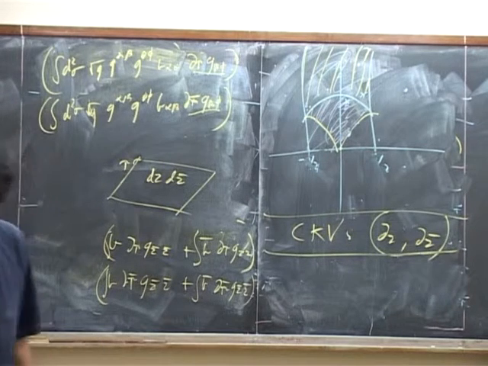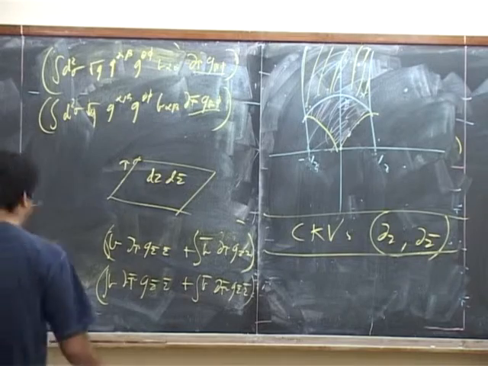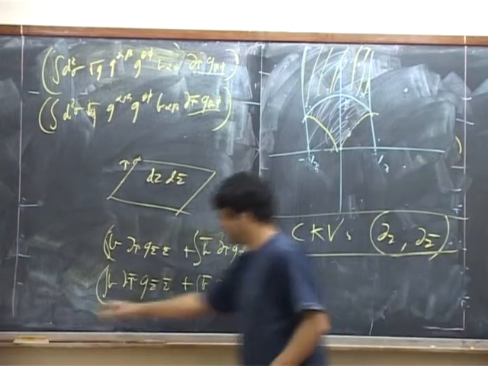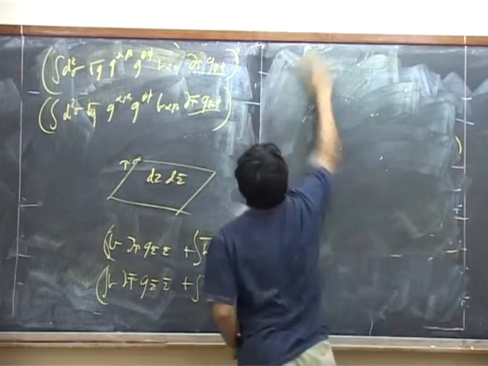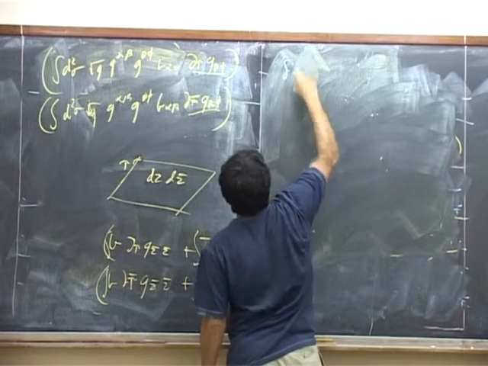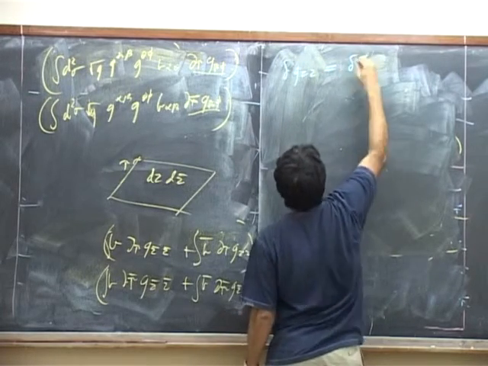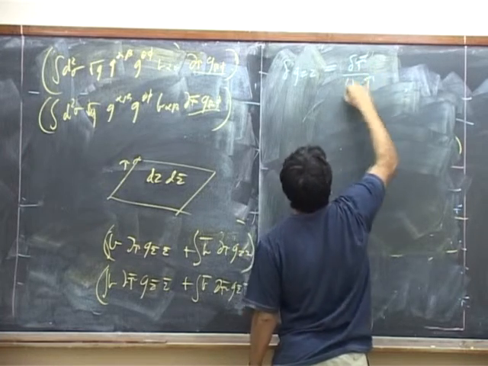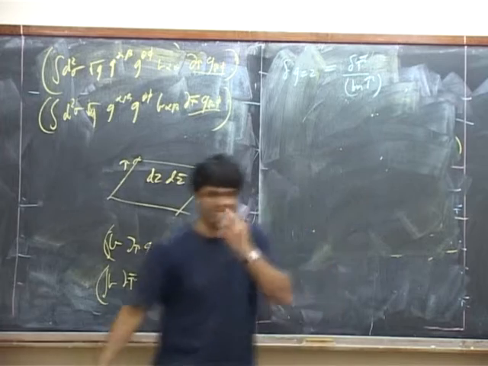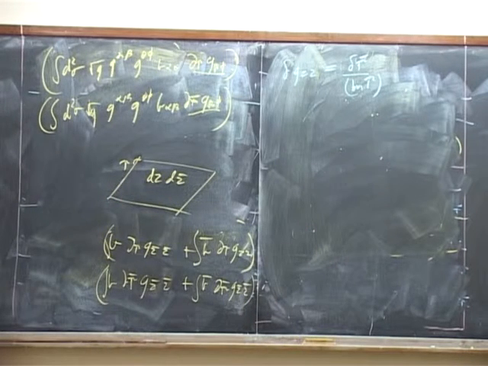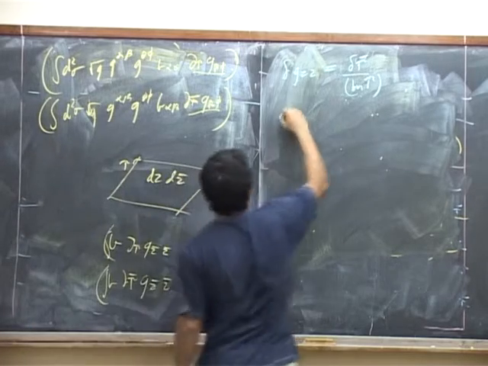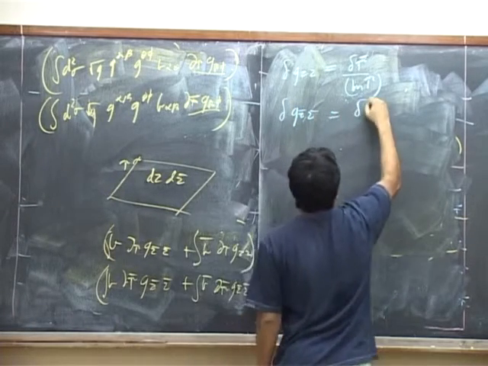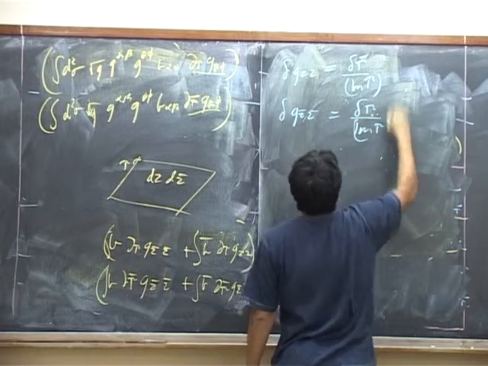Now, at the beginning of the class, we worked out that delta of g zz was equal to delta tau bar over Im tau times numbers, and delta of g z bar z bar is equal to delta tau over Im tau times numbers.